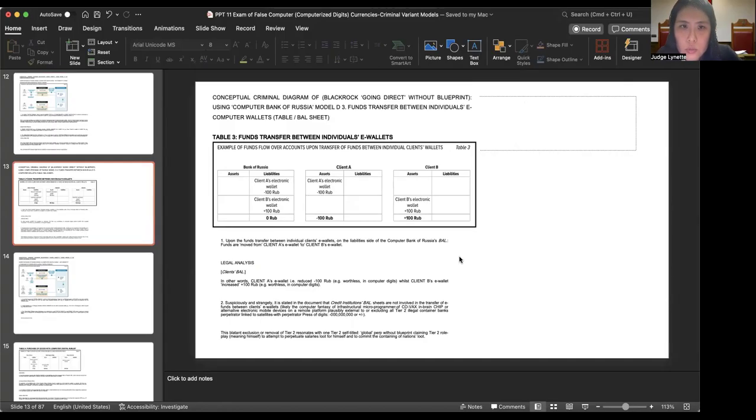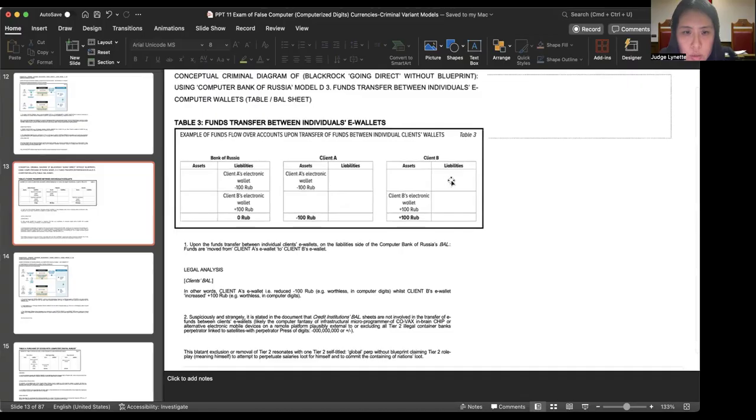So this is a conceptual criminal diagram of going direct using the Computer Virtual Bank of Russia Model D, funds transfer between individuals' computer wallets, or COVAX circuitry in brain, which is what the perp ultimately intends. This is the balance sheet.